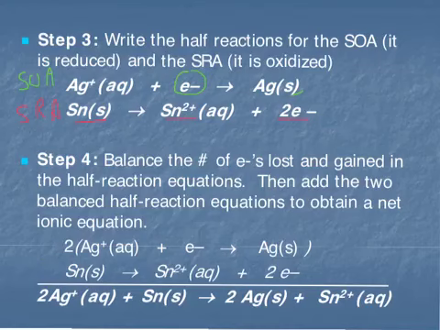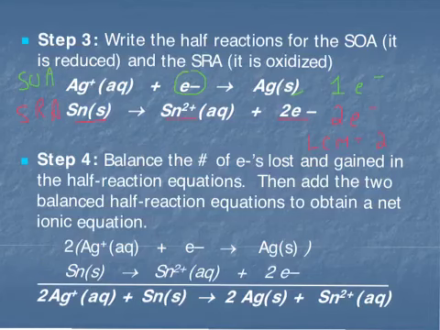Now we're going to balance those 2 reactions by balancing the number of electrons that are transferred. In the reduction reaction, we notice there was 1 electron transferred. However, for our oxidation reaction, there are 2 electrons transferred. The lowest common multiple between 1 and 2 is 2 electrons.